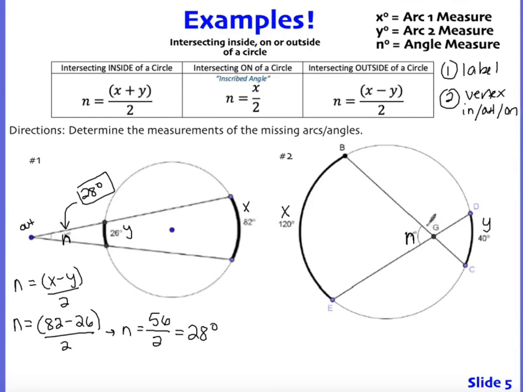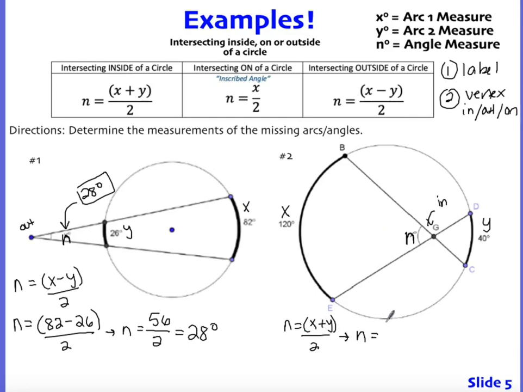So now that we've done this, I see that your vertex, which is where the lines are meeting or intersecting, is inside, which means we're going to use the inside formula. Remember, this kind of looks like a plus sign, so that means we're going to use something that has a plus. So we're going to use n equals x plus y divided by 2, and we're going to plug in for what we have. We don't know n, so that's going to stay how it is.